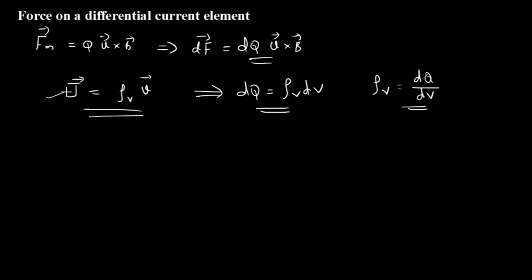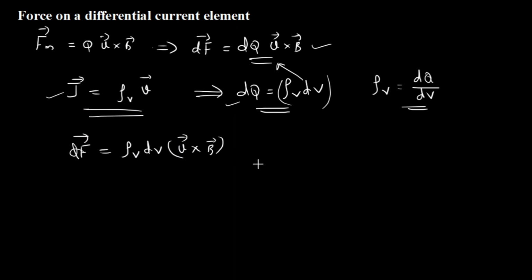So these two results we already have from our earlier discussions, and now we have dF is dq v cross B. If I substitute my dq as a small volume element, I can rewrite my differential magnetic force as rho_v dv v cross B. Nobody will be disagreeing.